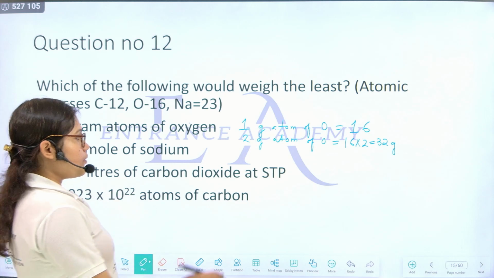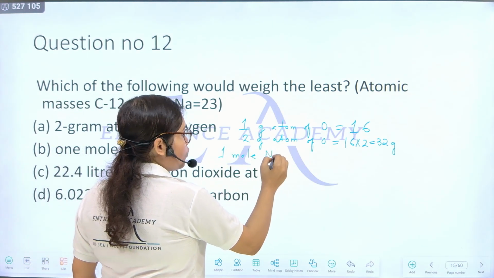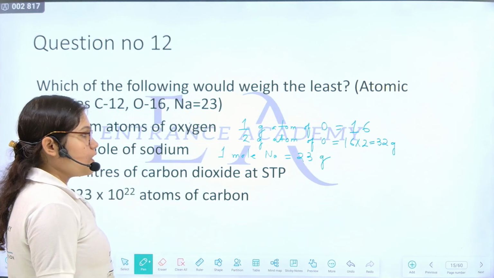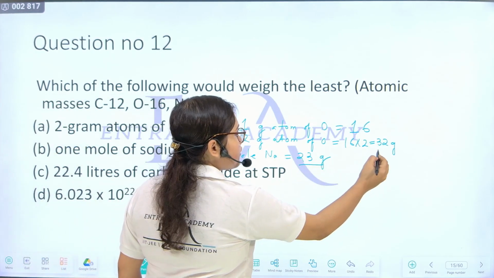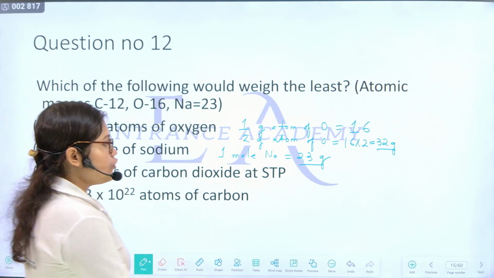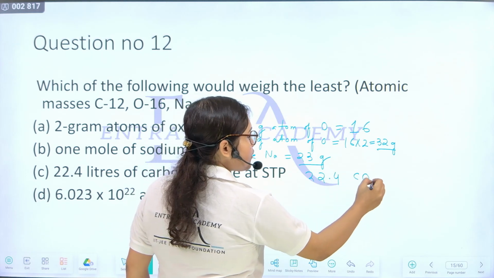1 mole of sodium. We know that 1 mole of sodium is 23 grams. So the weight of this is 23 and the first one is 32. 22.4 liters volume of carbon dioxide.